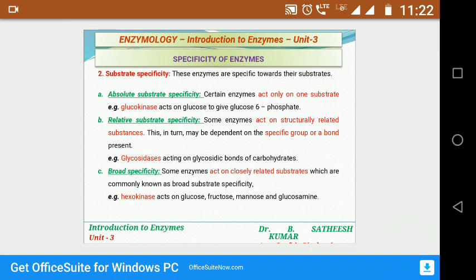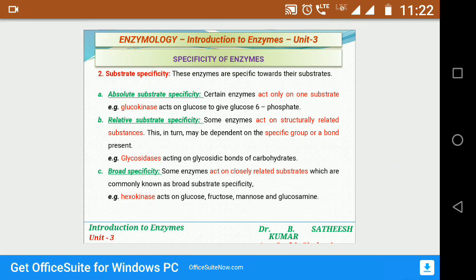Relative substrate specificity means these enzymes bind different substrates, because they look into the substrates for a specific group or a specific bond. If that specific group or specific bond is there, it recognizes that substrate.